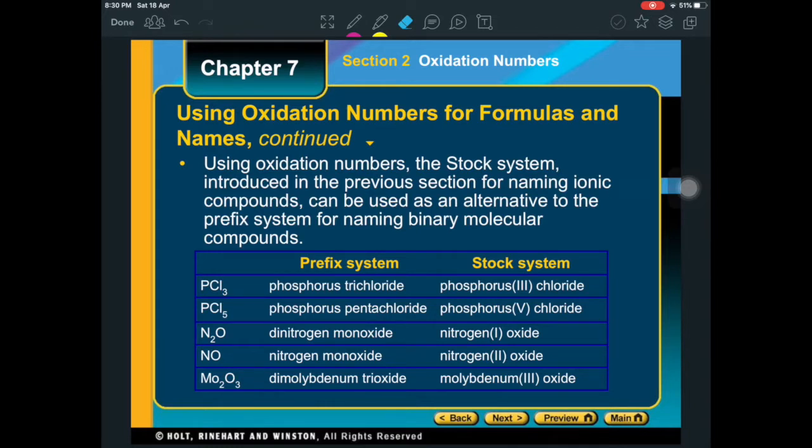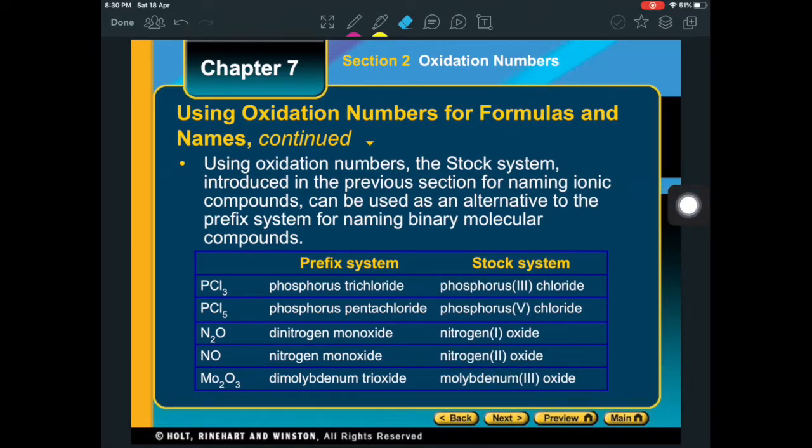These Roman numerals actually don't indicate charges like what we were talking about back when we were talking about iron 2 and iron 3 and transition metals. This Roman numeral indicates the oxidation number of this atom right here, so of the phosphorus. So this phosphorus has an oxidation number of 3. This phosphorus has an oxidation number of 5, and so on, right?